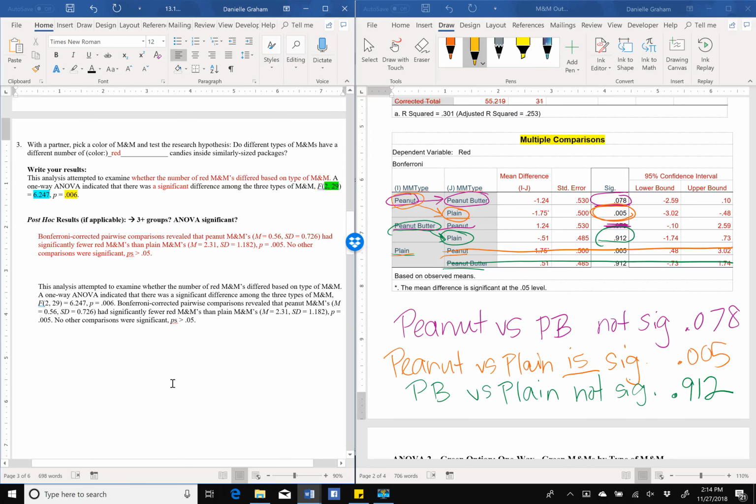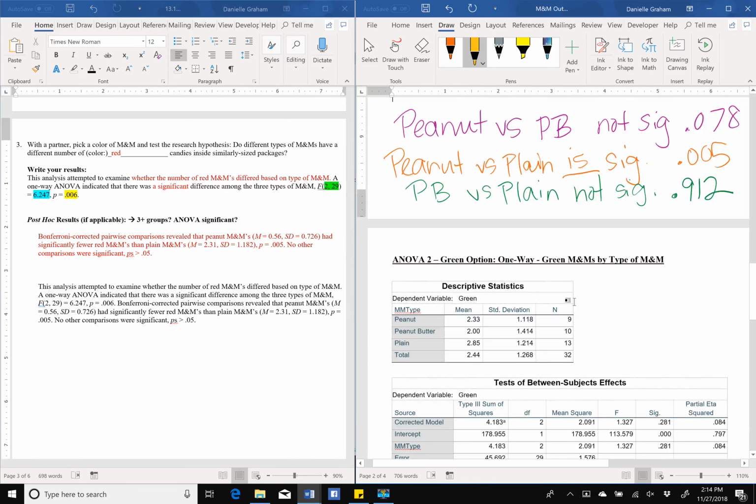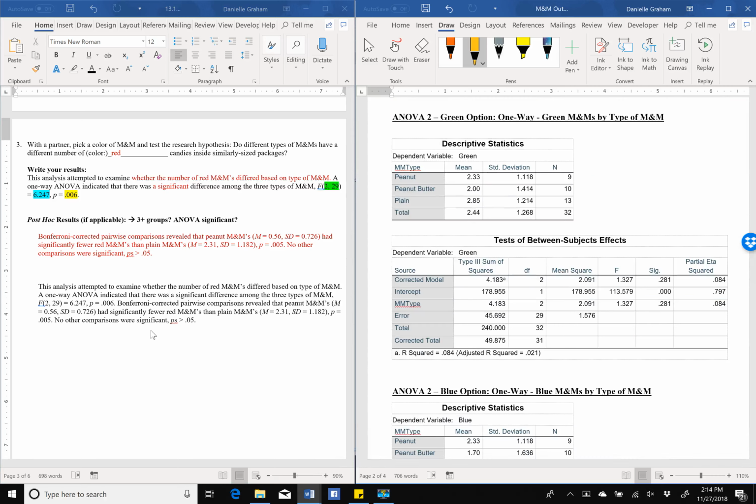The green M&Ms and the blue M&Ms were actually a little easier because they didn't have a significant ANOVA, so there's no post hoc comparison necessary. So let me just write this up. So the analysis attempted to examine whether, I'm going to go with the wording up here this time, different types of M&Ms have a different number of green candies inside similarly sized packages.